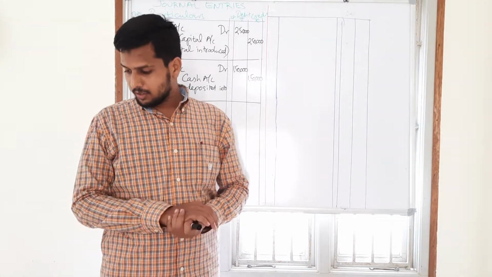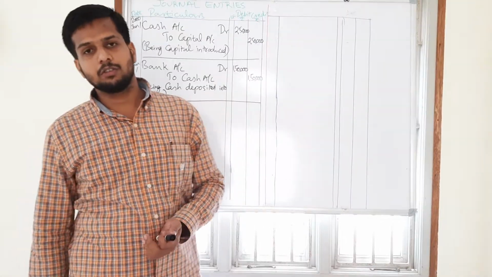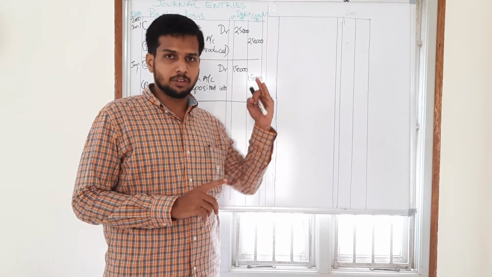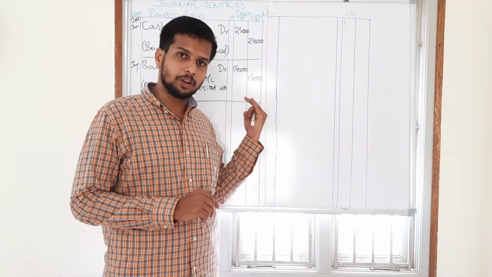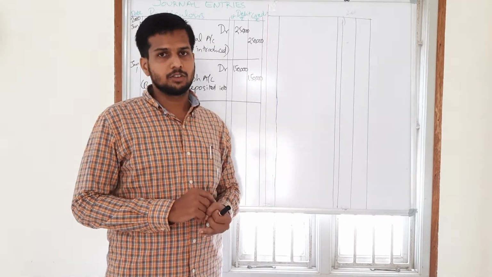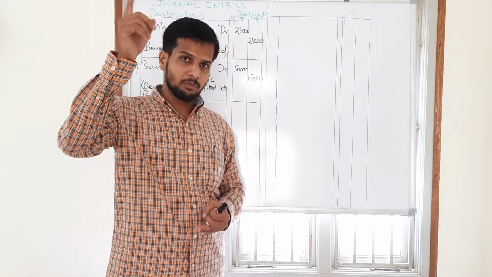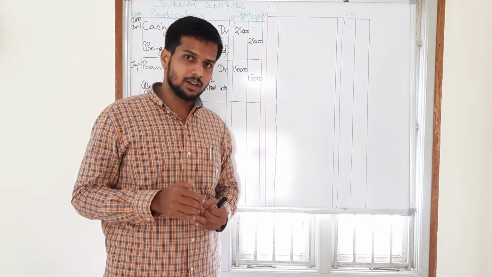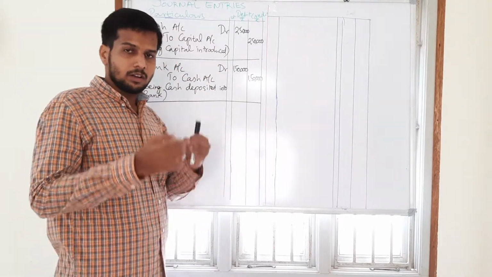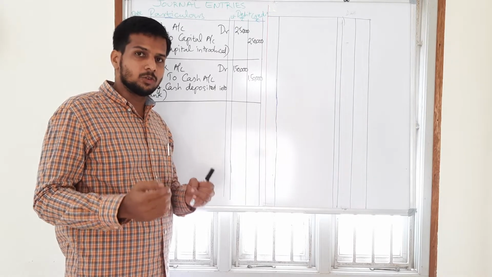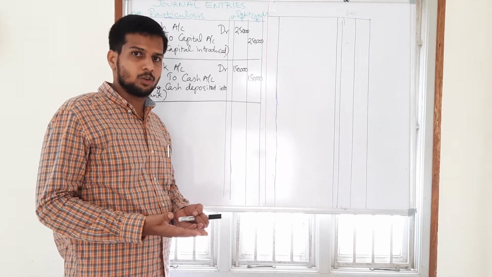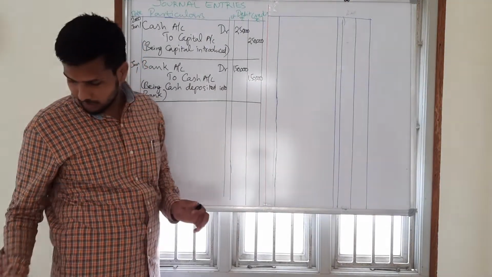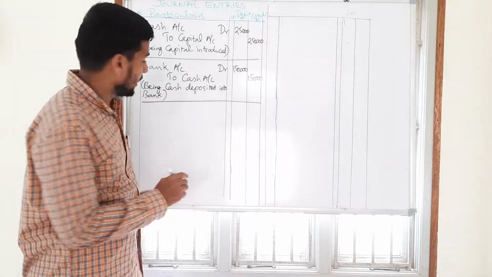So purchased machinery on credit from Rangan means we have the machinery account and the Rangan account. Machinery comes under real account, debit what comes in, so we are going to debit the machinery account. Rangan, the name of the person, comes under personal account: debit the receiver, credit the giver. Rangan is the giver of the machinery, so we are going to credit the Rangan account. First we put the date of the transaction, that is January 3.